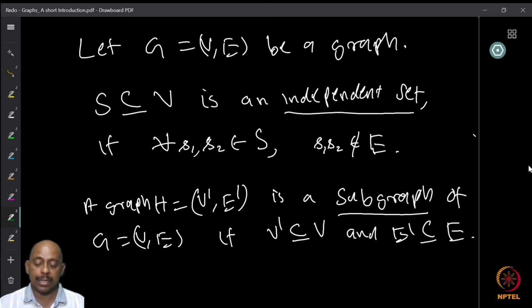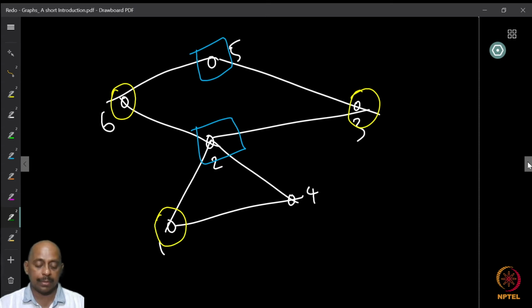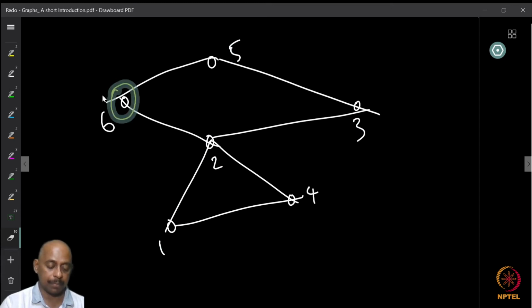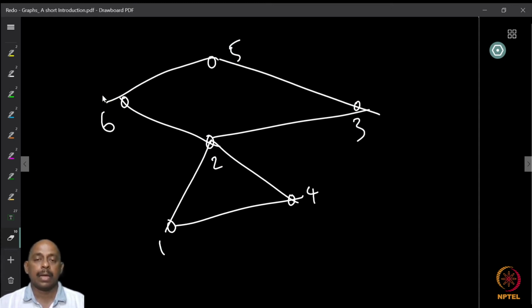Now let us look at an example for independent set. So here is a graph. And in this graph, what I am going to do is to pick some vertices, right? A subset of vertices, let's say.